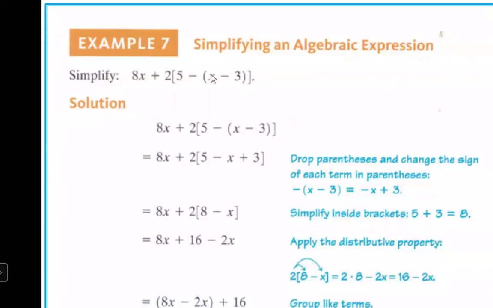So with questions like this, you do the innermost brackets first. So this one here would be the innermost, x minus 3. Now you're not given any value for x, so you can't evaluate. So you're just trying to simplify. And there's no number in front of this bracket. Now in your book, what they're saying, drop the parentheses and change the sign of each term in the parentheses.